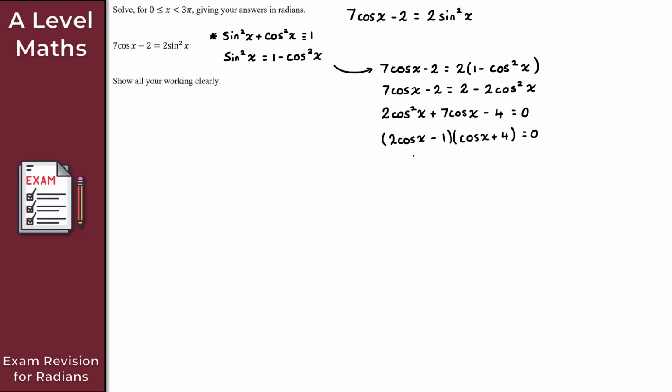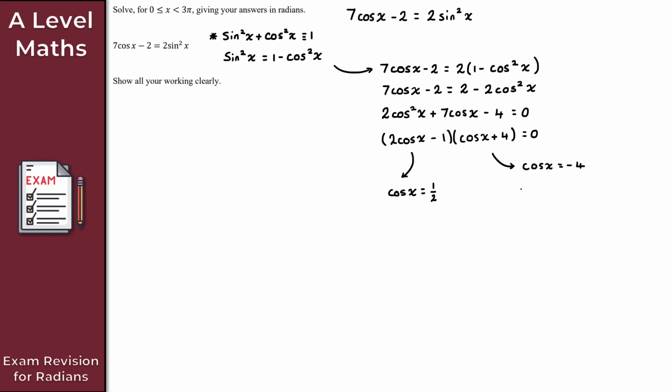So from here, each factor would be equal to 0. So 2 cos x minus 1 is equal to 0. Just solve for cos x here. Nice and straightforward. We obtain that cos x is equal to 1/2. And then with this factor, we obtain that cos x is equal to minus 4.